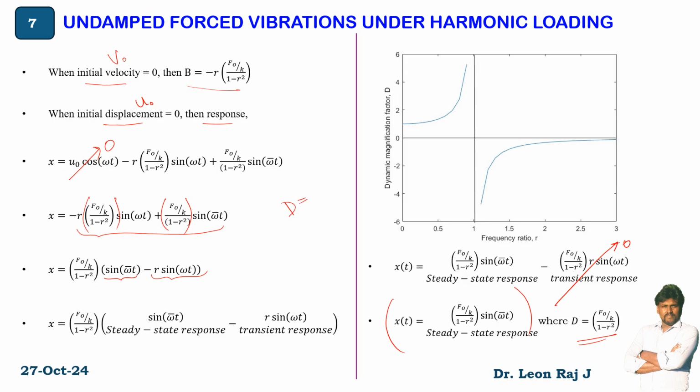D is the ratio of the steady state amplitude divided by the static deflection or displacement, that is, the deflection amplitude of the steady state response.